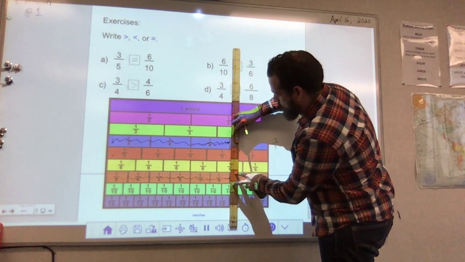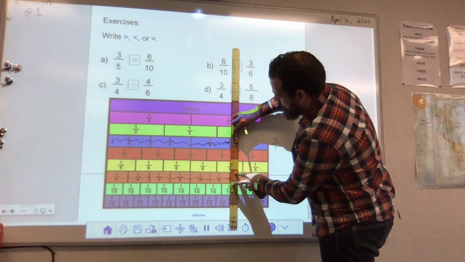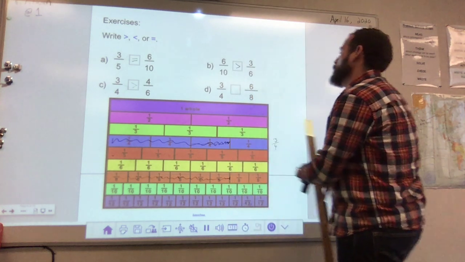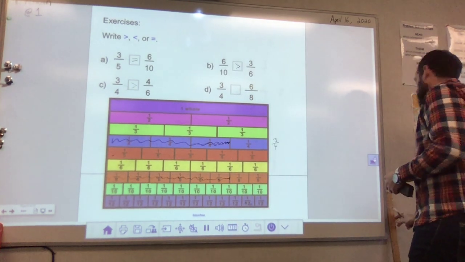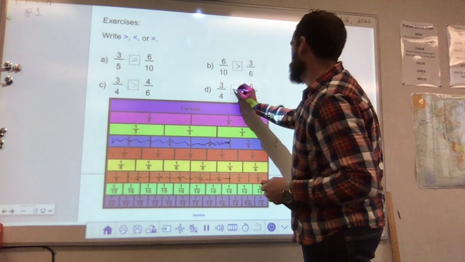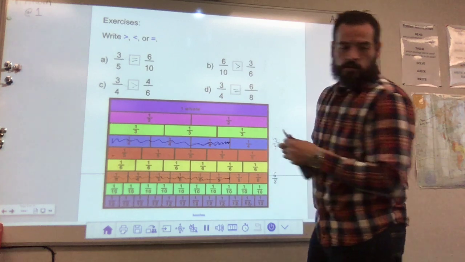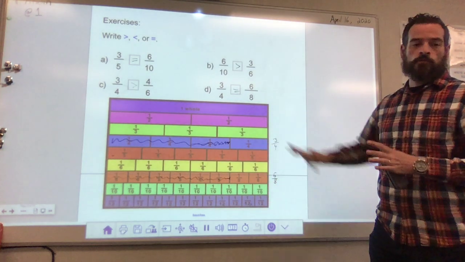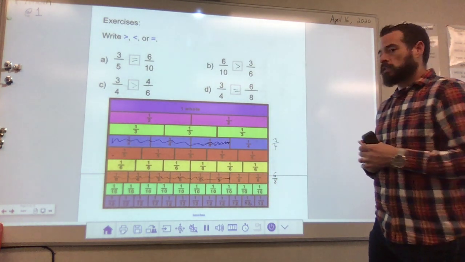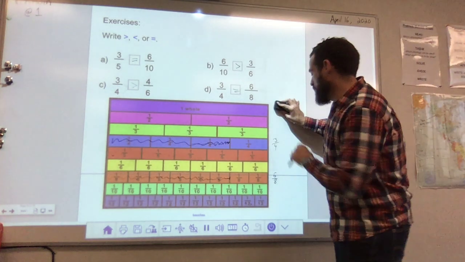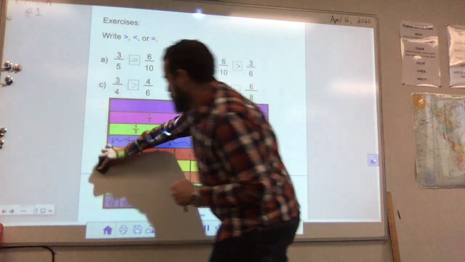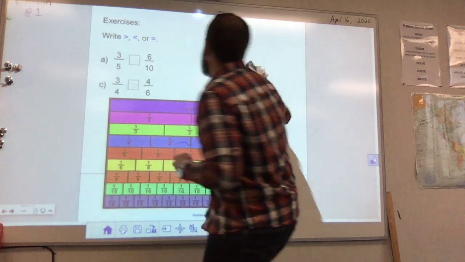If you put that there, you could see that they are. So 3/4 is equal to 6/8. So hopefully with having fraction strips, this should be something that you can pretty easily visualize. Okay.